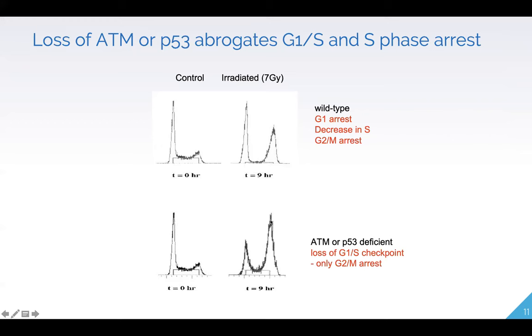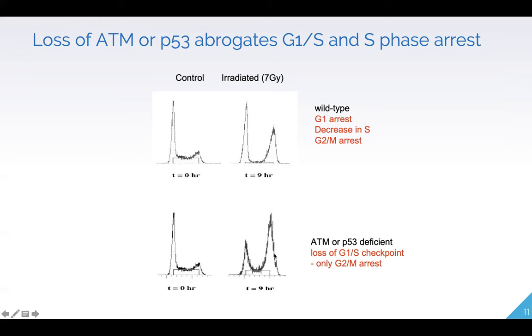Now you notice that a lot of the cells still accumulate in G2, which means that the G2 arrest is still intact. So this is an important distinction between cells that are either proficient or deficient in some of the DNA damage repair pathways, because again, despite the fact that you're losing one or two of the checkpoints, in this case G1 and S, you still have the ability to arrest them in G2M.